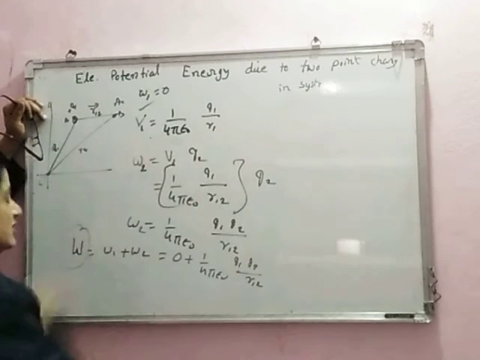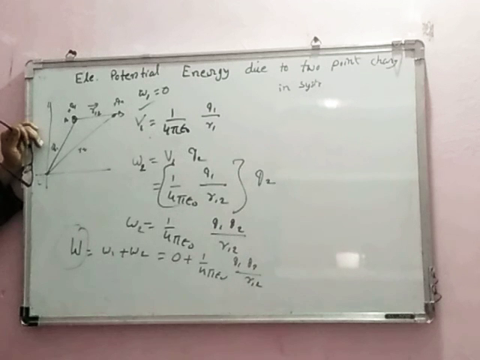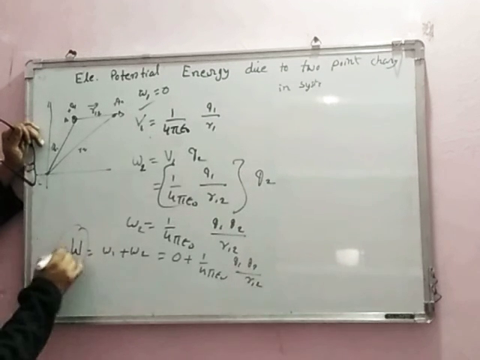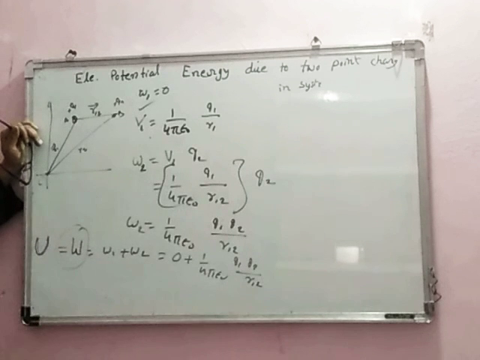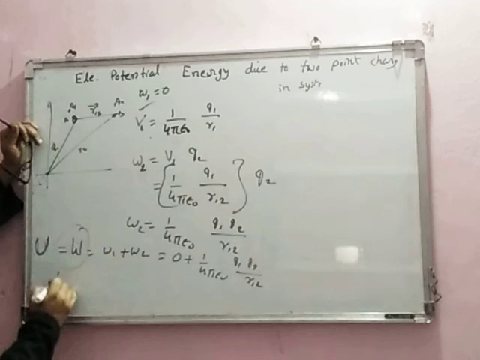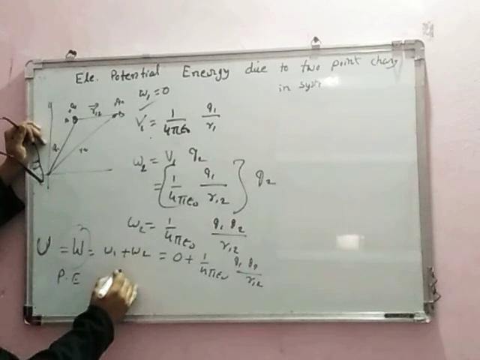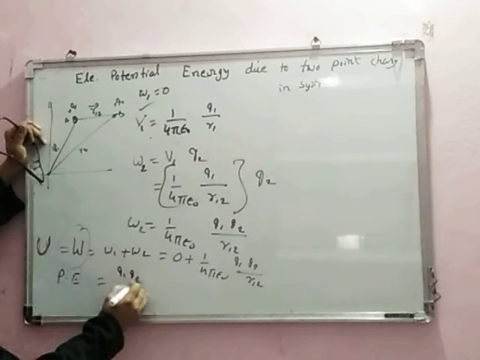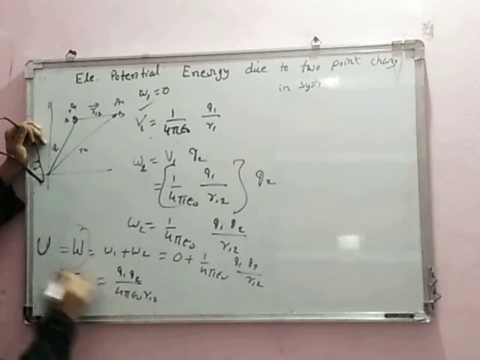This work done is stored as an energy. This is nothing but the total energy, which is the potential energy stored. Potential energy is equal to Q1 Q2 upon 4 pi epsilon 0 R12.